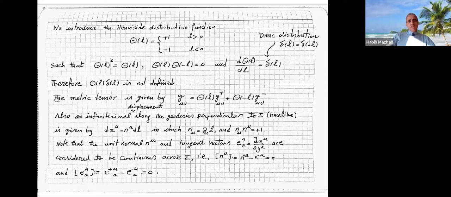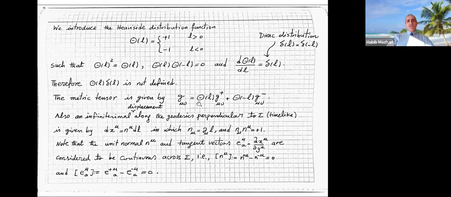So now we start from g_μν, the metric tensor inside the entire manifold. This is very clear. We can write g_μν equal to θ(l) g_μν⁺ plus θ(−l) g_μν⁻. This is completely acceptable.